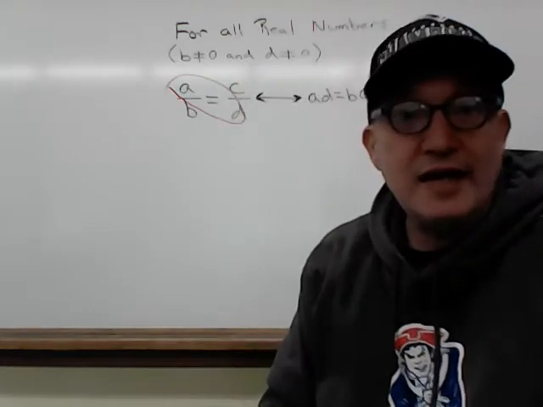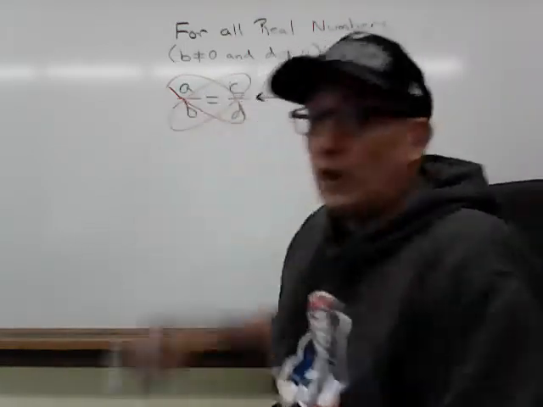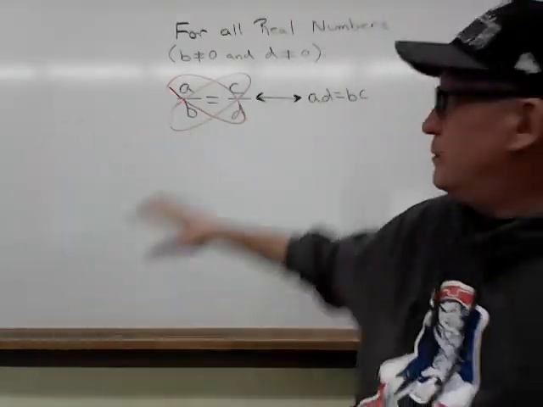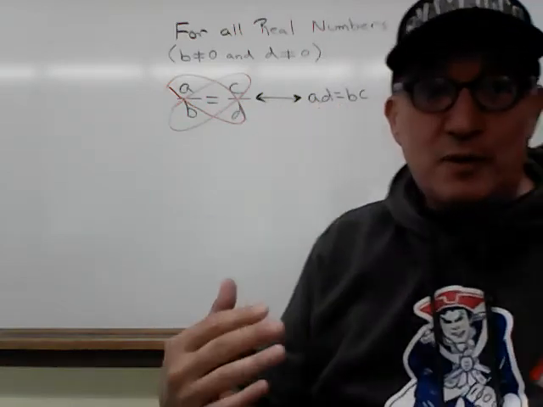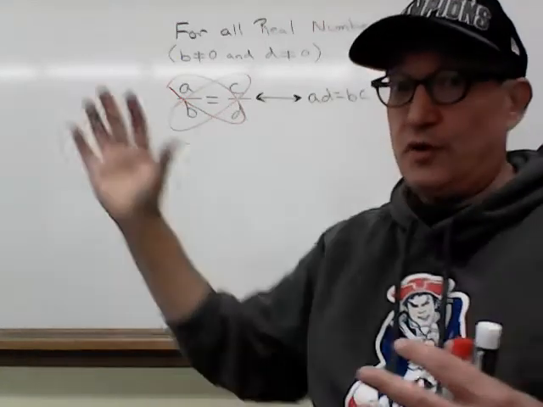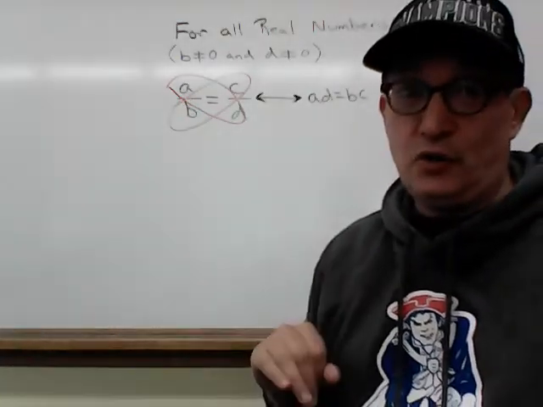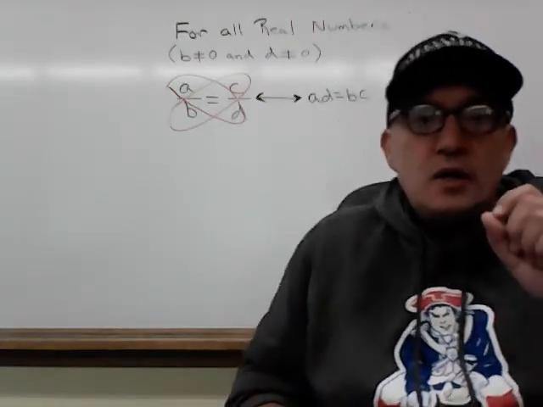The product of A and D, A times D, will always be equal to the product of B and C, which is what this says. Notice the double arrow. The double arrow means that if the left side is true, the right side is true. If the right side is true, the left side is true. They are equivalent statements.